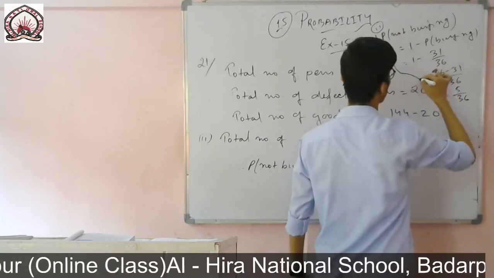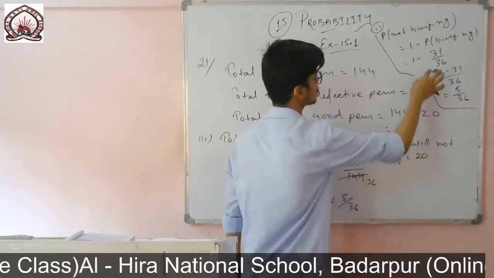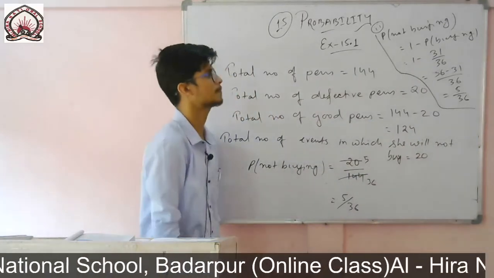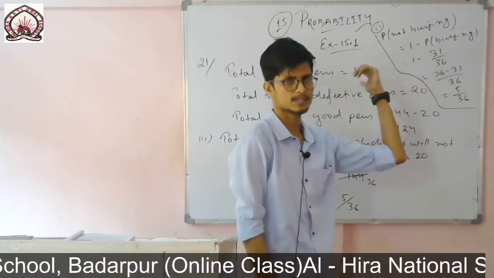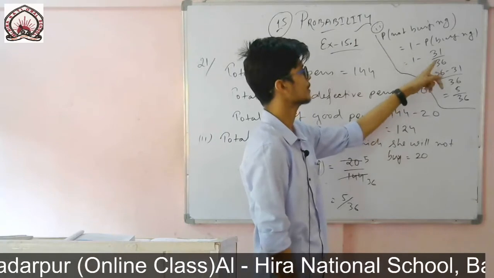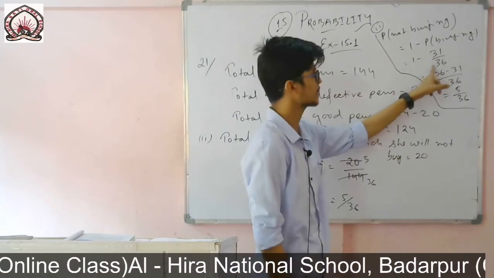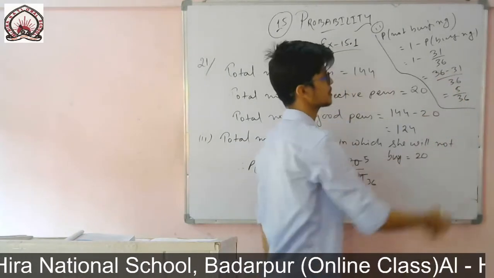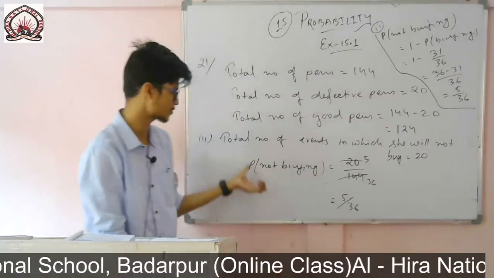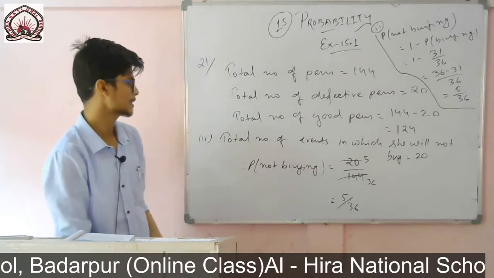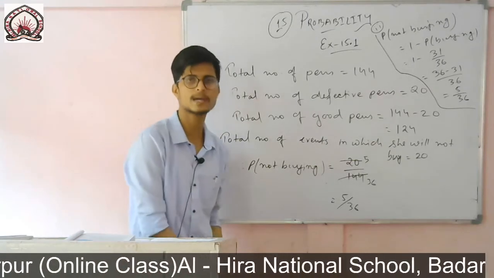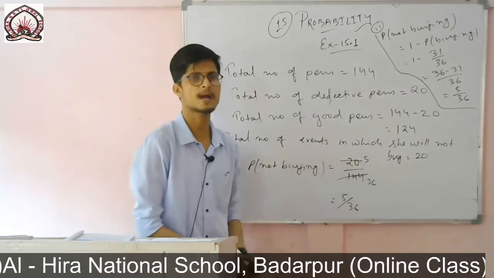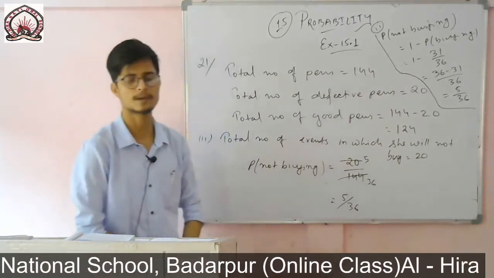So if anyone wants, he or she can do it like this also. The probability of not buying equals 1 minus the probability of buying. That is the probability of buying, just now we have found earlier in Roman number 1, which was equal to 31 by 36. If I take the LCM, it will be 36. So 36 minus 31, that means 5 by 36. Or you can do it directly like this. The total number of events in which you will not buy is equal to 20. So therefore the probability of not buying is equal to 20 by 144. So if I cancel it, I will get 5 by 36.